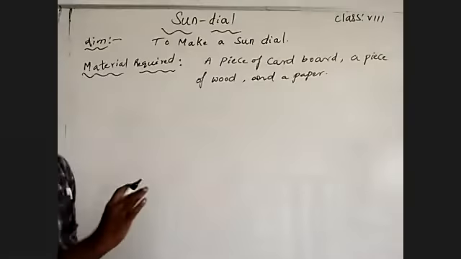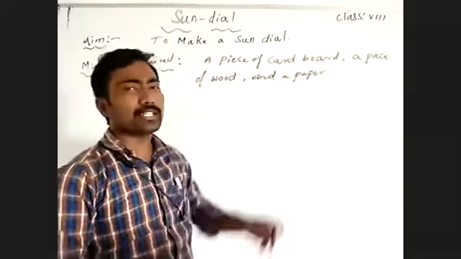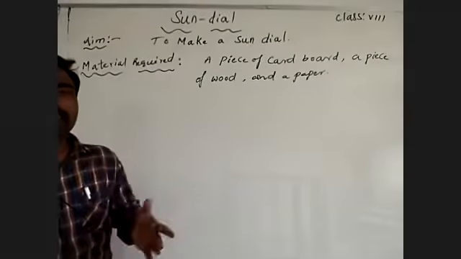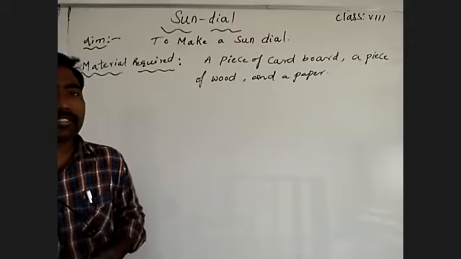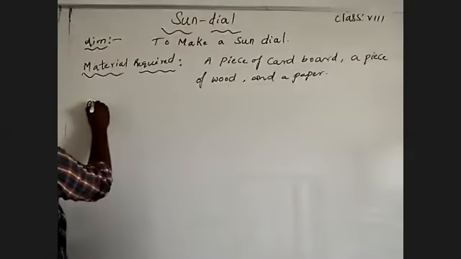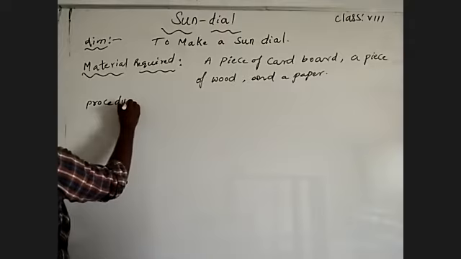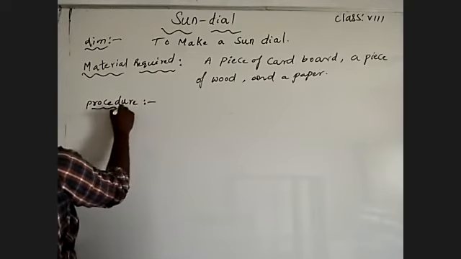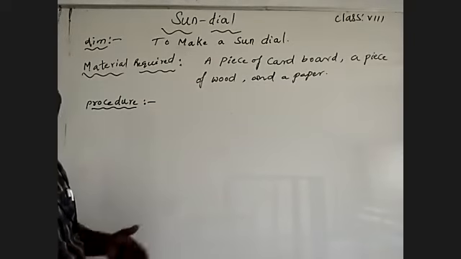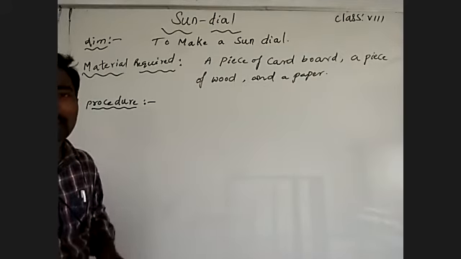These are just three materials we need to construct the sundial. It is very easy to construct the sundial. Coming to that, what is the procedure to construct the sundial?